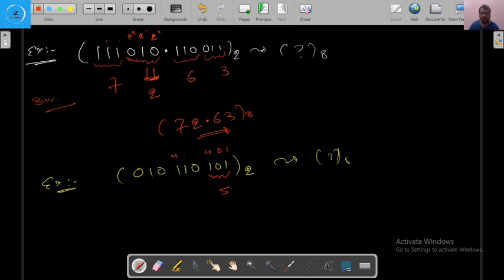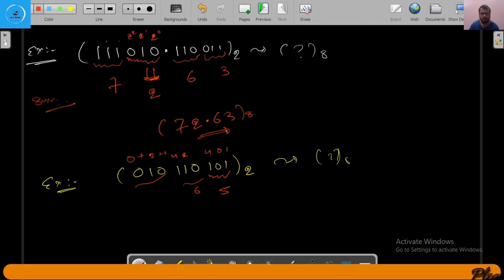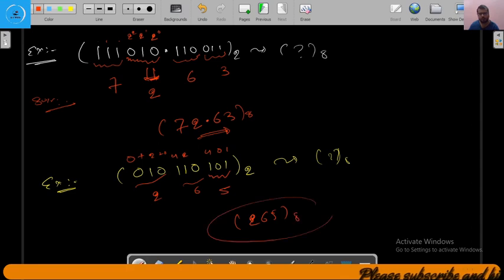Here it is 4 plus 2, this is 6, and here 0 plus 2 plus 0, this is 2. So here it is 2, 6, 5 in octal. Then we have seen how to convert octal into binary and binary into octal.